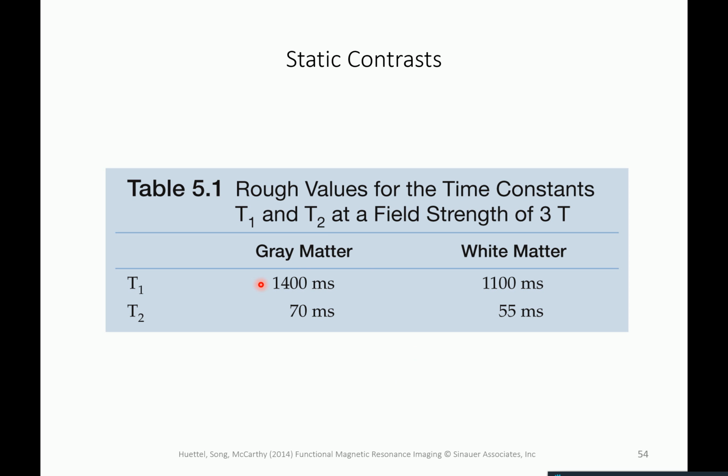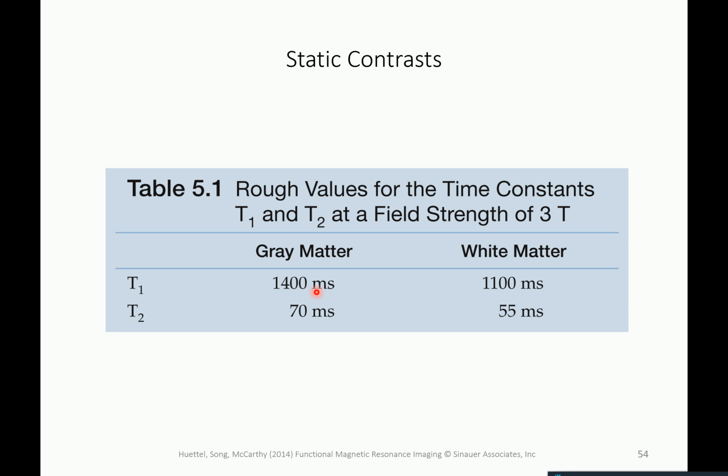So the T1 value for gray matter in the brain, what is gray matter? What part? Exactly. And white matter? Yeah, good. The gray matter, so where the neuron cell bodies are, so something like cortex or ganglia, have at 3T, if one measures this, a difference in T1 of, let's say, 300 milliseconds.